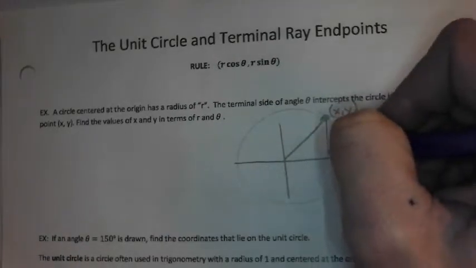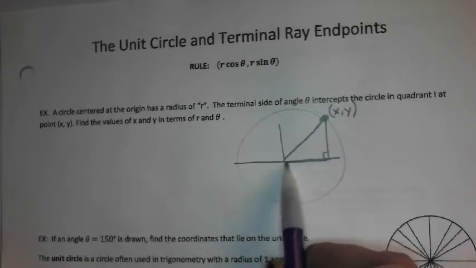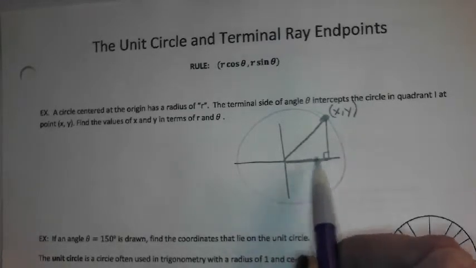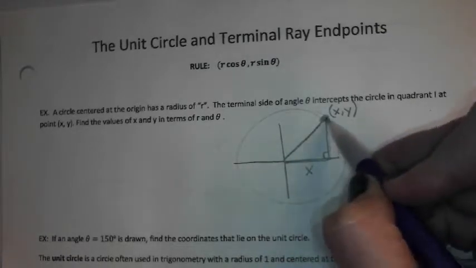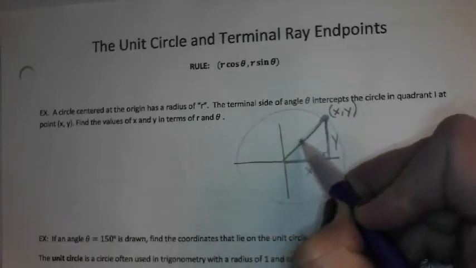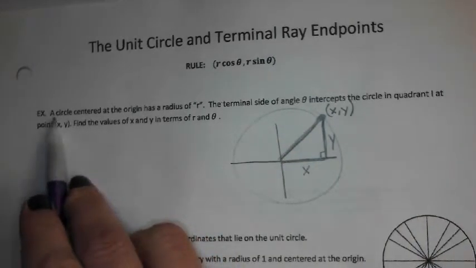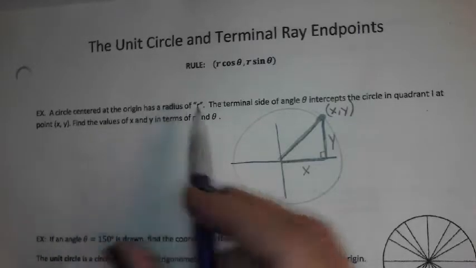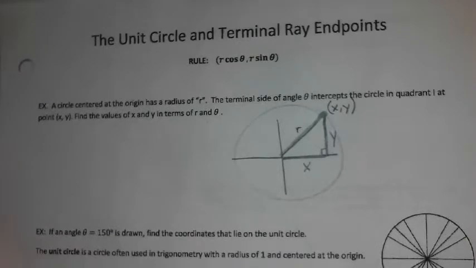So if I drop my triangle, what is the label for this leg? It's not a number, it's a variable. X. And what is the label for this leg? Y. And what is the label for this leg? No, it's not the unit circle here, is it? It just says a circle centered at the origin has a radius of r. So that's r. This particular one is not the unit circle.